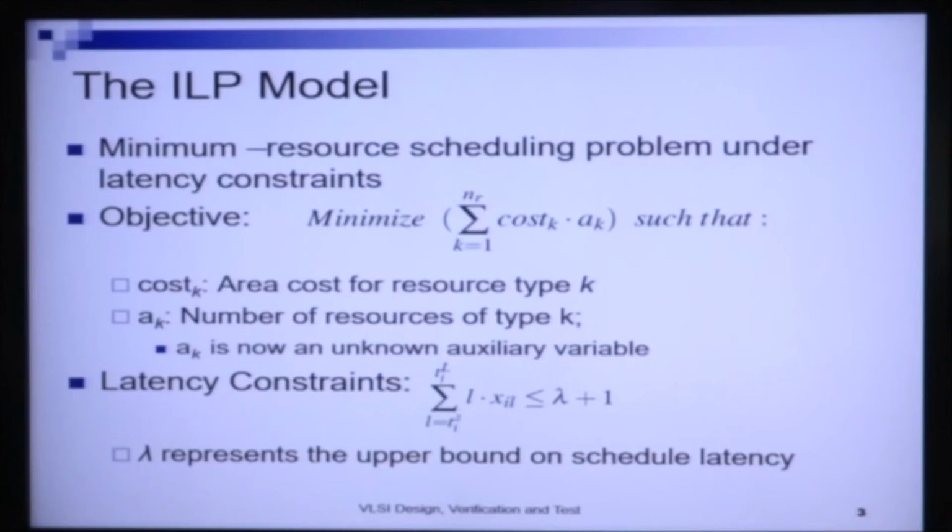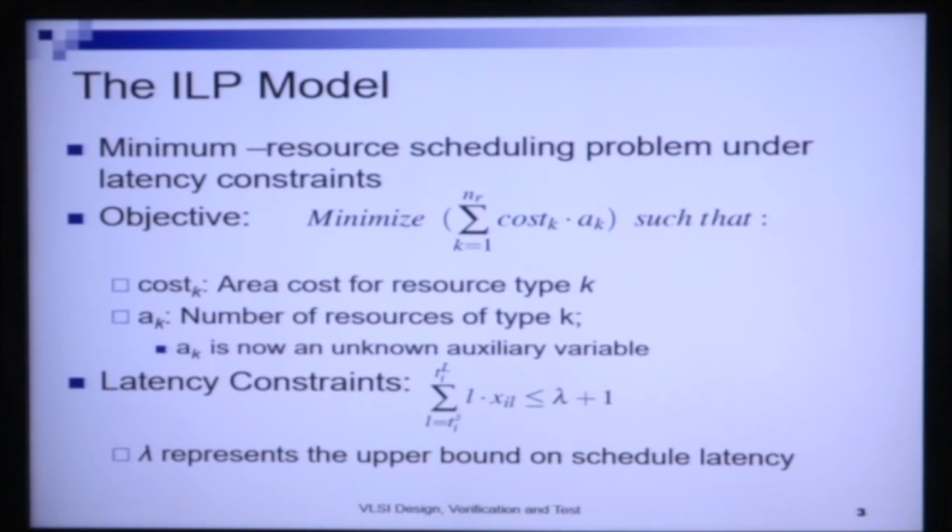How is the latency constraint specified? Here I have written it a bit wrong, in the sense that this i variable will be n. This whole expression tells me the start time of the nth operation, that means the sink node.